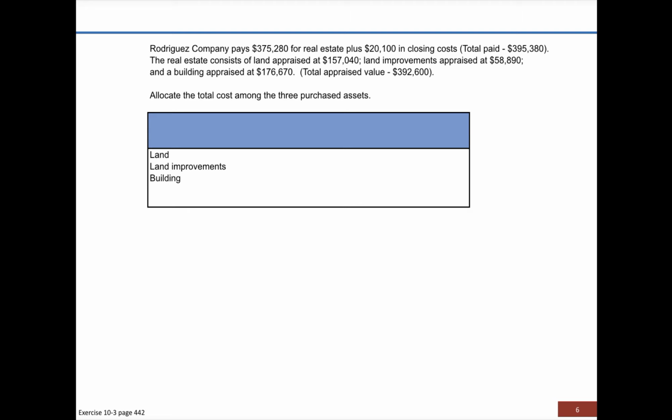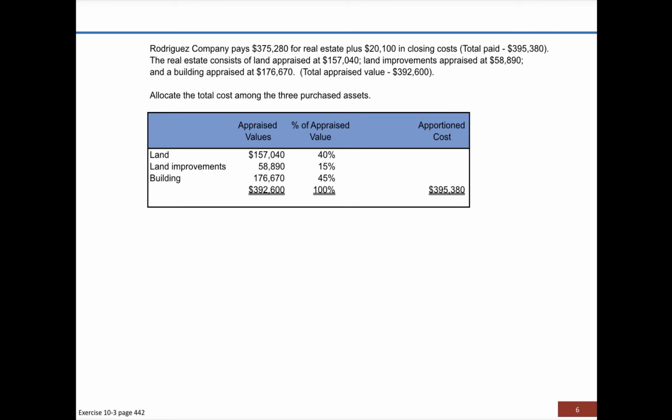So 45% of the total value should be allocated to building. Okay, so they're just going to set up just like I did and take that 100% value, 392,600, as the denominator, and go through and find out what the percentage is for each of those.